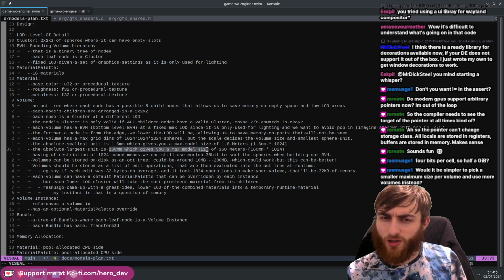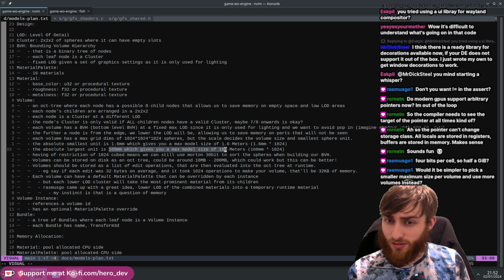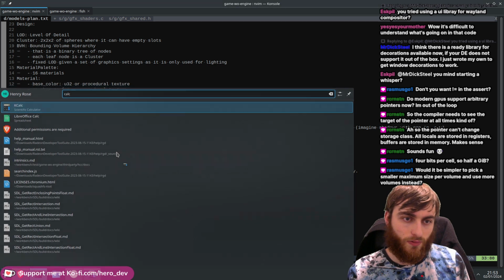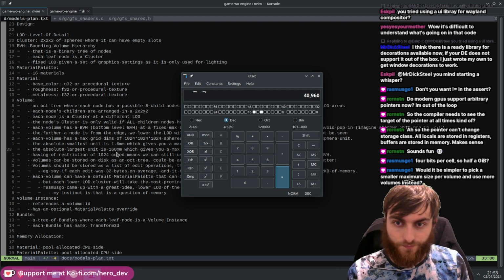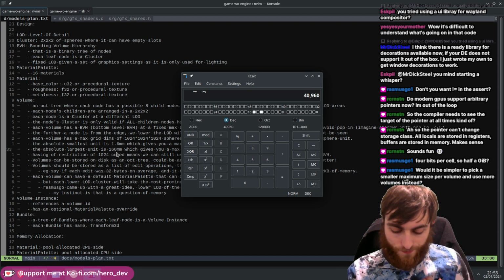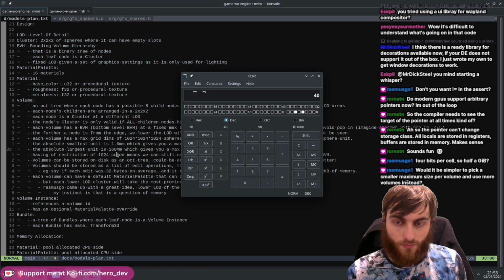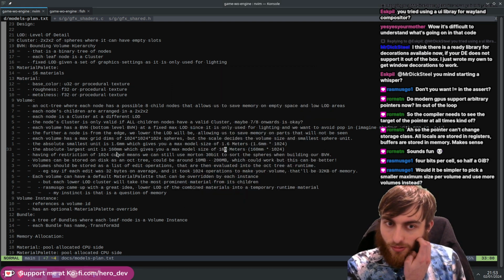If we were to take away 2 bits at that point, what would it give us? So 160 mil. It gives us 40,000 mil, which is 40 meters. Maybe that's not bad.